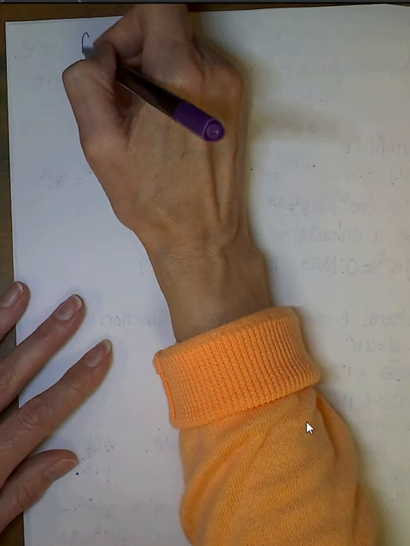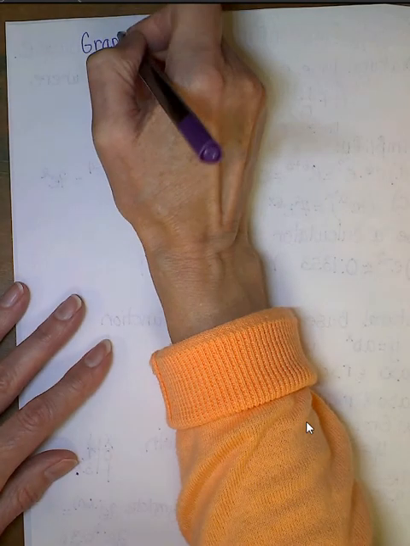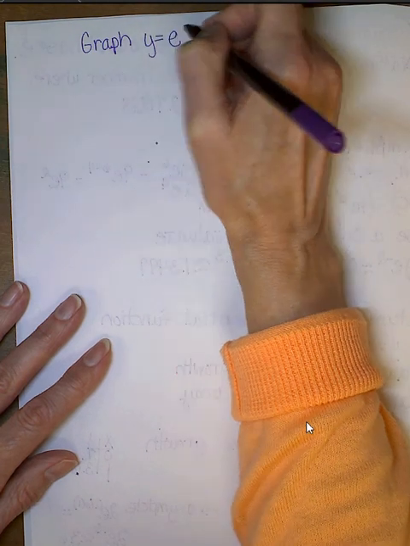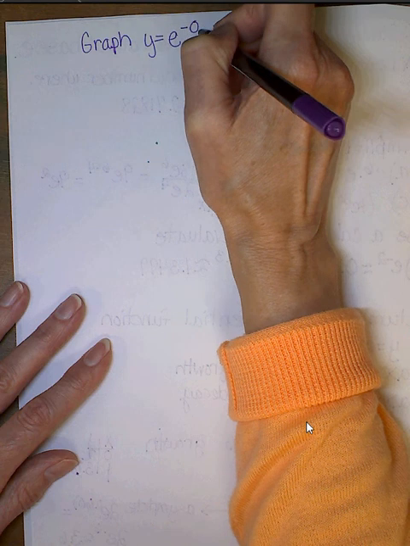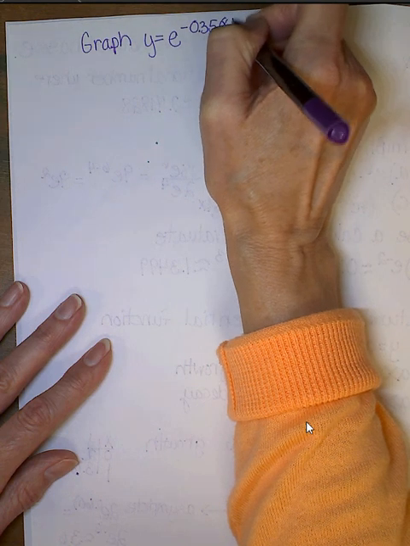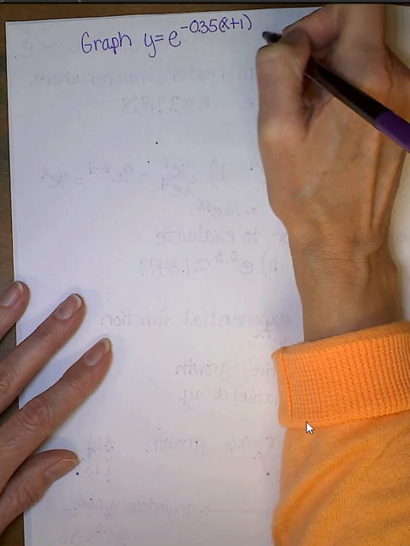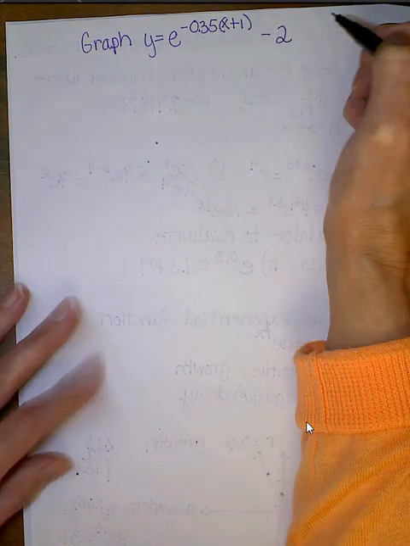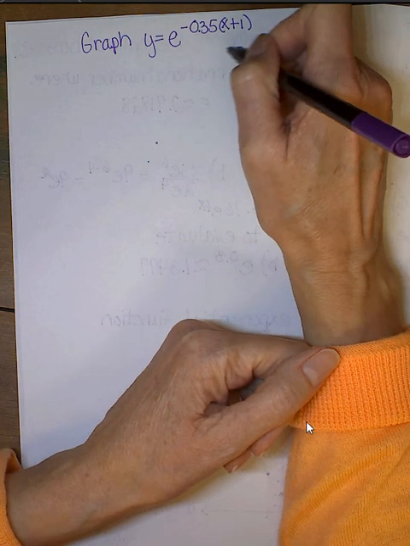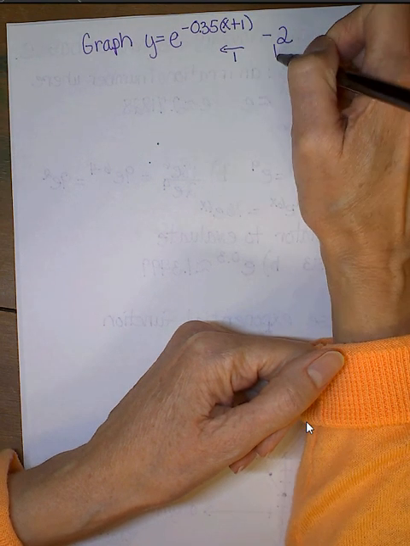Alright, let's try another graph. This graph has some transformations. It's going to go 1 to the right and down 2.